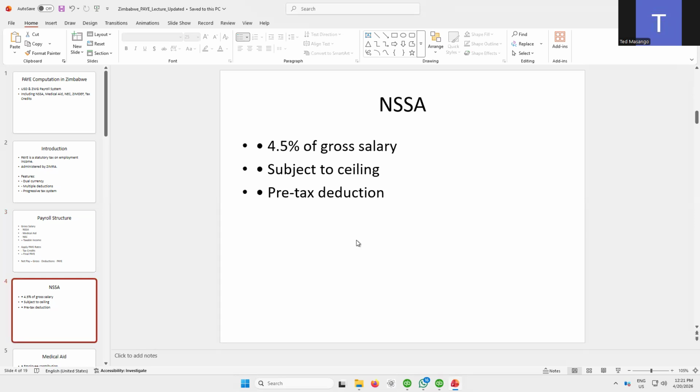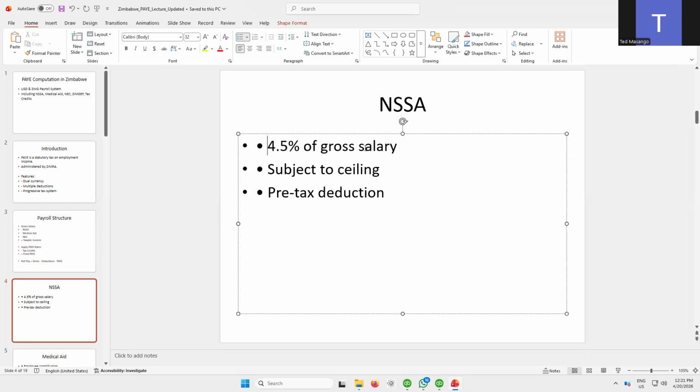Now, let's look at these individual items that are deducted, starting with NSSA. So your NSSA is 4.5% of the gross salary, but it has a ceiling. The current ceiling is 700. So let's say an employee earns 1,000. You are not saying 4.5% of 1,000. You are simply saying 4.5% of 700. If an employee earns less than 700, you are applying the percentage to the amount.